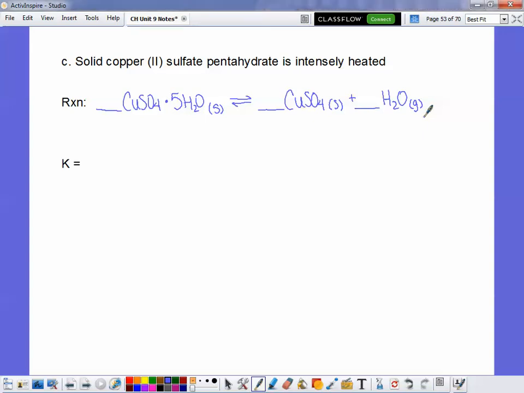So what do we need to do with this reaction? Balance it, always. What do you get when this is balanced? 1, 1, 5. We just need a 5 in front of the H2O.